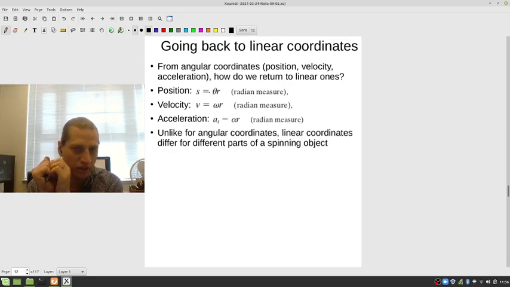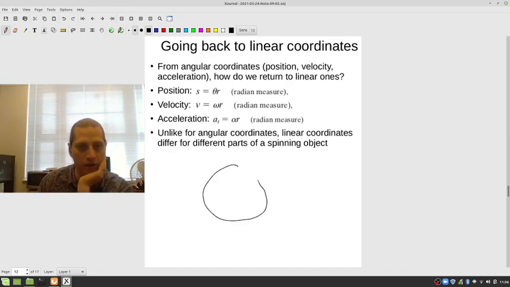Now that last one has a little hook in it, but the point here is, as I said for our earlier example, if you have a disk, this guy and that guy can be spinning at the same angular speed, but the smaller radius is going to have a smaller linear speed, a smaller linear acceleration, smaller linear change in distance that it's covered than the one with the larger radius.